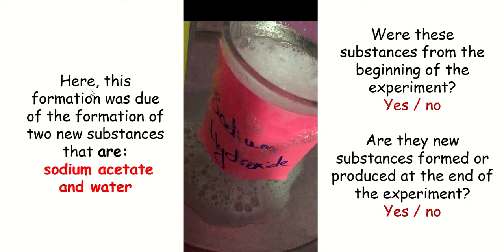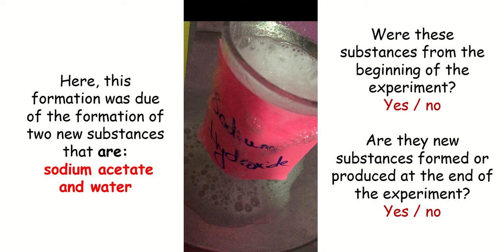The formation of the effervescence was due to the formation of two new substances, sodium acetate and water. This means that this effervescence is caused by two new substances that were formed at the end of the experiment.